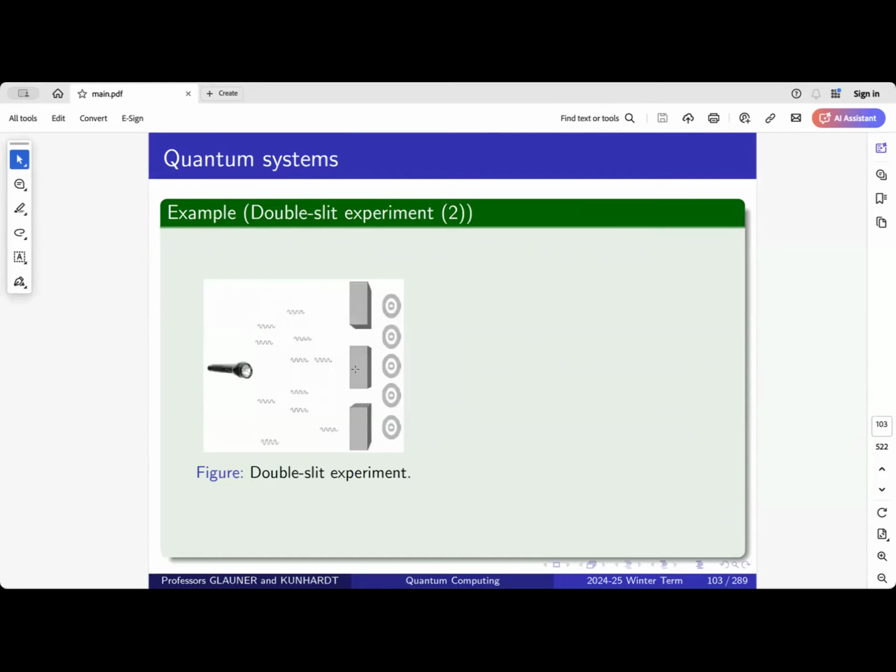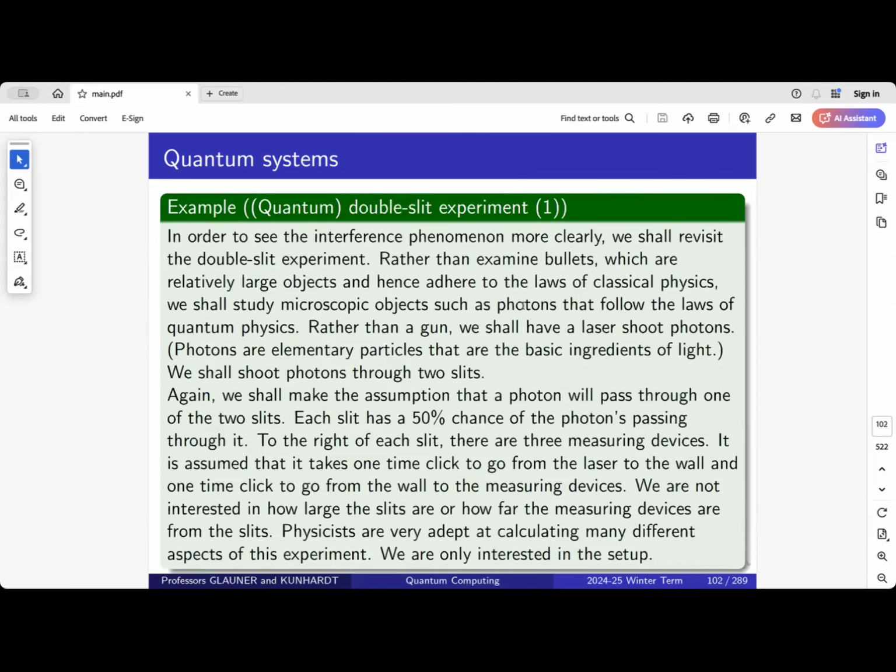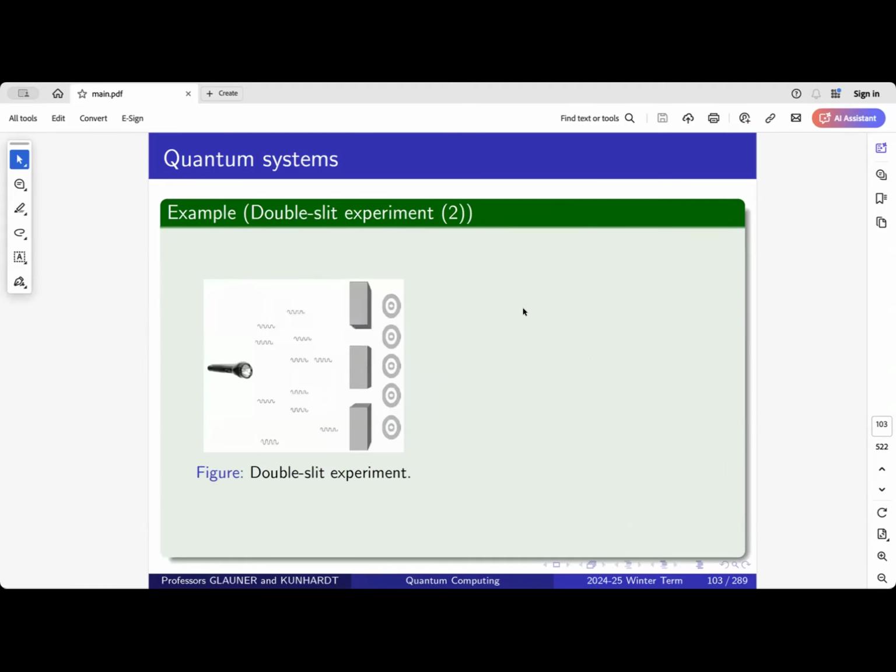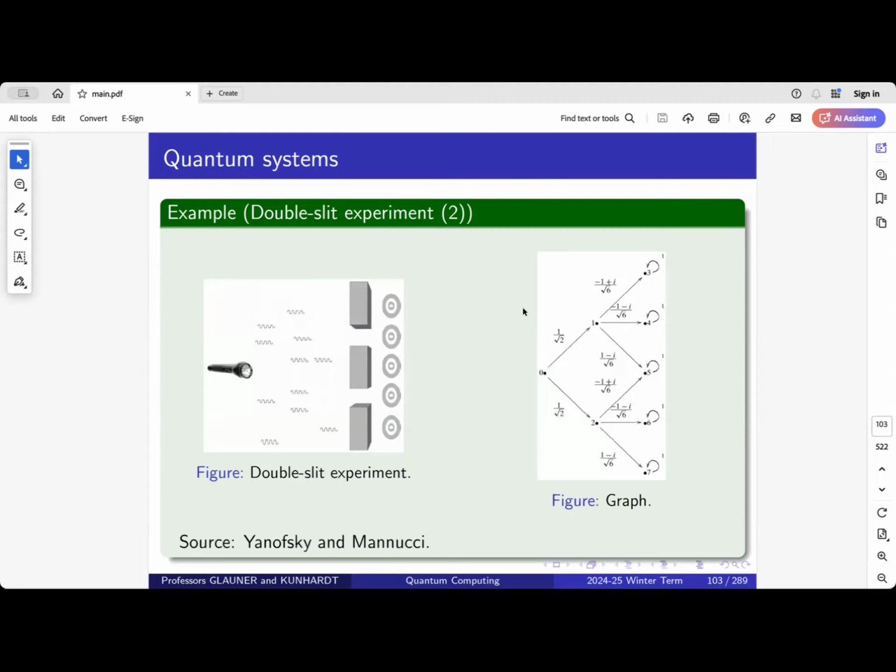And just a setting as before, we have 2 slits, and behind we have 5 sensors, 3 each for the first slit and the second slit. And this time it's not bullets, but rather light or photons we move through here with a laser. And we want to see how this actually behaves.